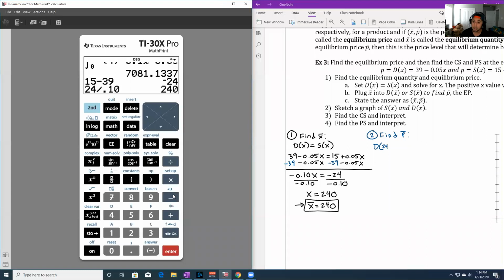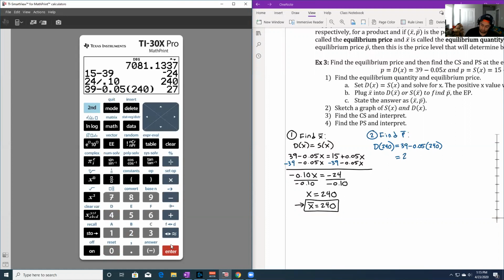So I'll say d of our new x value of 240 equals 39 minus 0.05 times 240. And we'll get 39 minus 0.05 times 240 gives me 27. This is now our p bar.